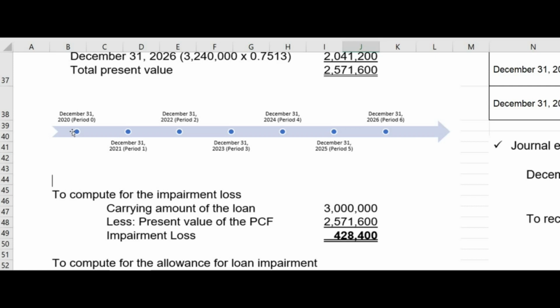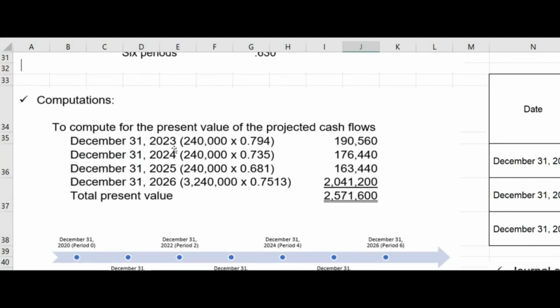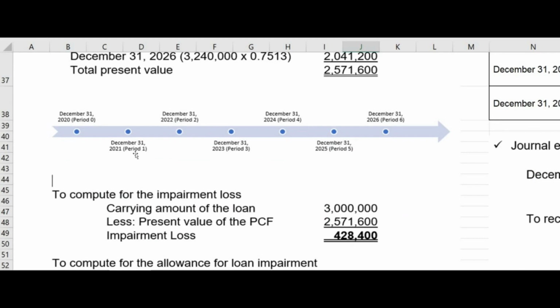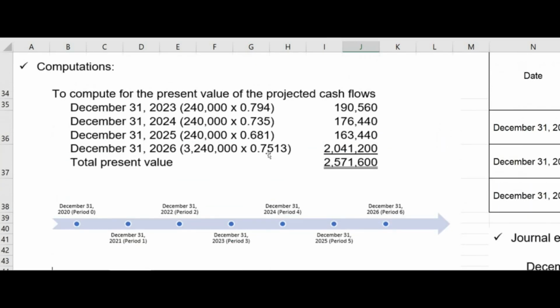So since our first payment will be in 2023, so sa 2023 na, so that will be 3 years after. So 1, 2, and 3. So that's why the factor that we use is the present value of 1 at 3 periods, 0.795 or 0.794.